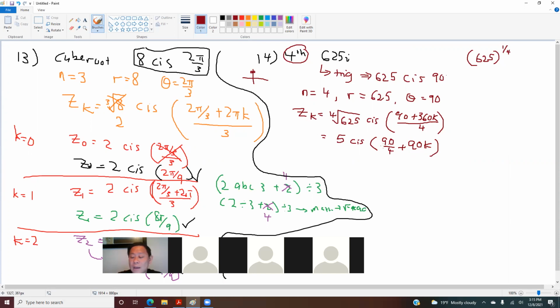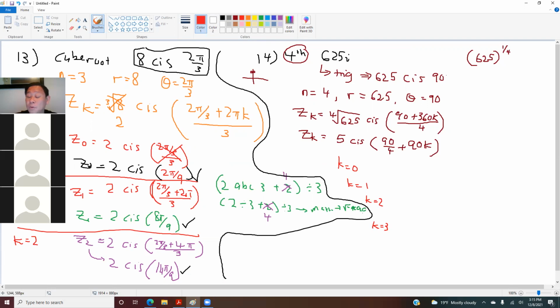So this is your zk here. So now, because we have a 4th root, we have k is 0, k is 1, k is 2, and k is 3. So when you have a 4th root, you're going to get 4 answers: 0, 1, 2, 3.